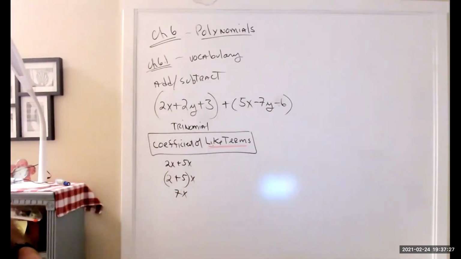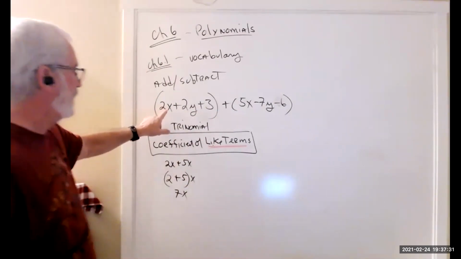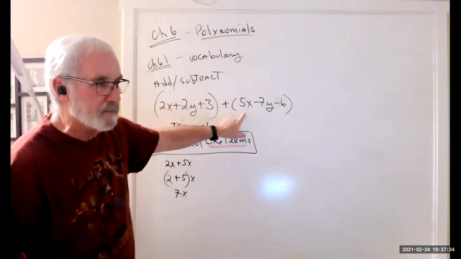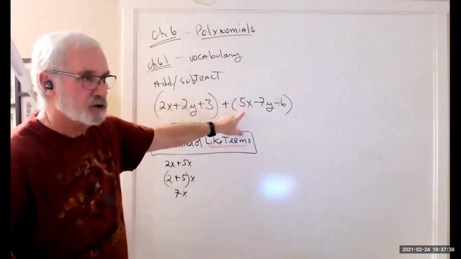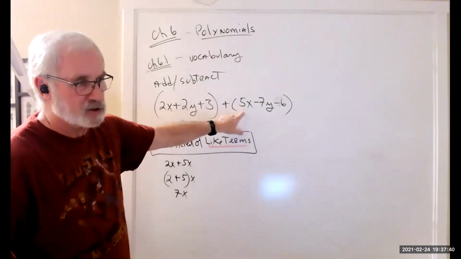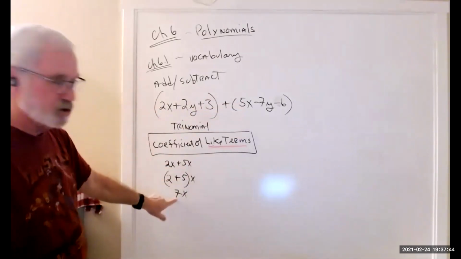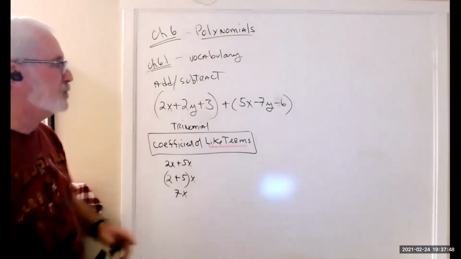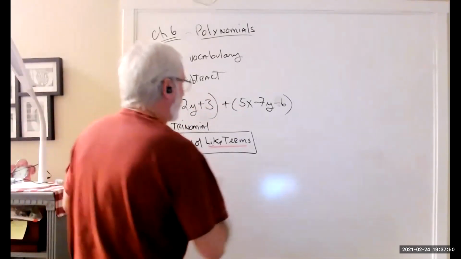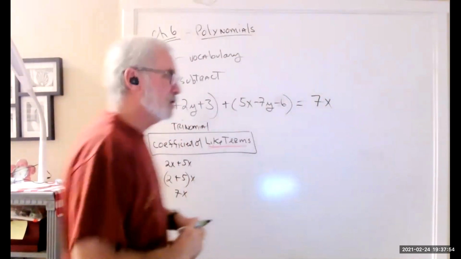Nobody does that. This is technically correct. When we say add like terms, what we mean is add the coefficients, keep the x. That's what we did here. We added the coefficients and just stuck the x on the end. Most everybody just gets to that answer. They just say, okay, I have 7 x's.